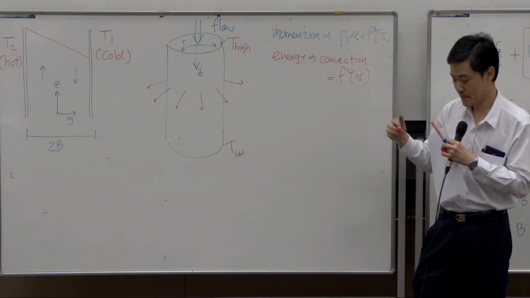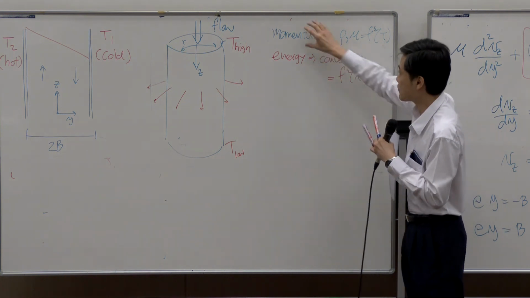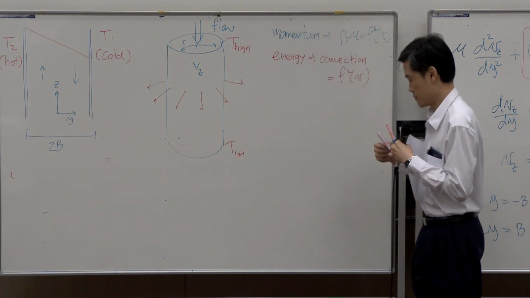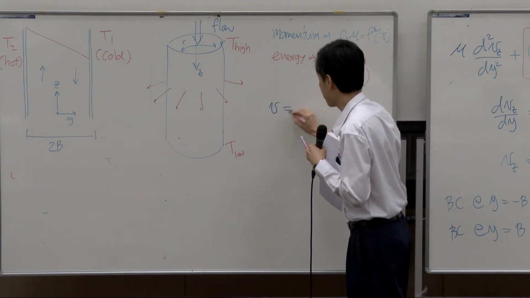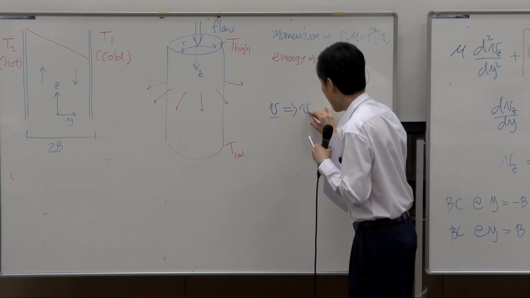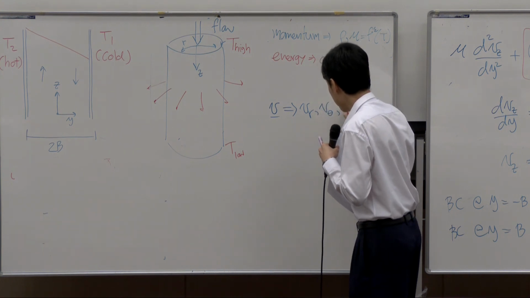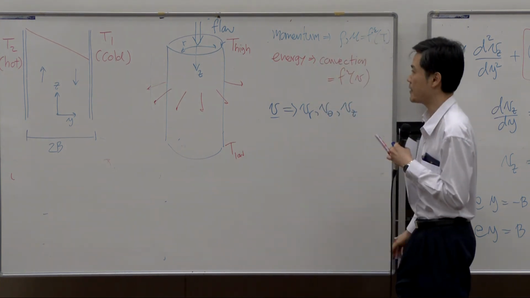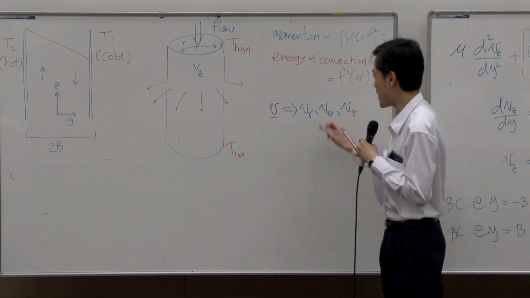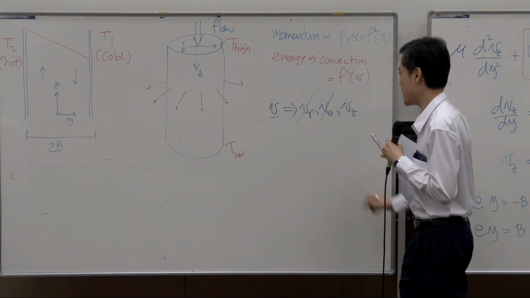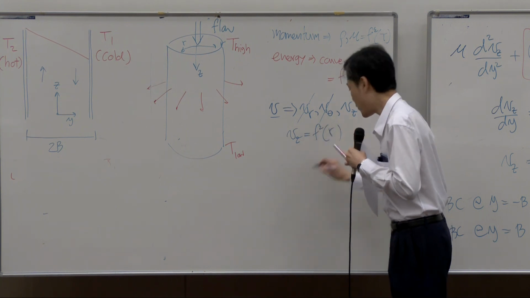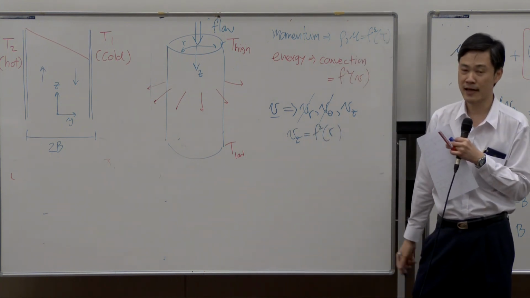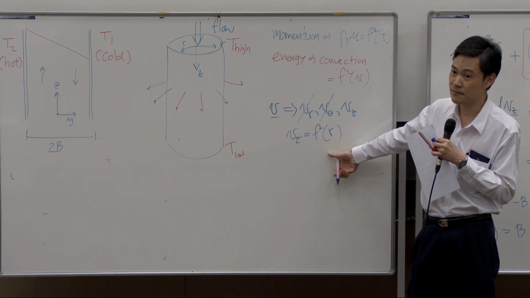Now, if we start with momentum transport, we have velocity VR, V zeta, Vz. And this is flow in pipe, there's no VR, there's no V zeta. Vz itself is a function of R only. We discussed this already in the momentum part.